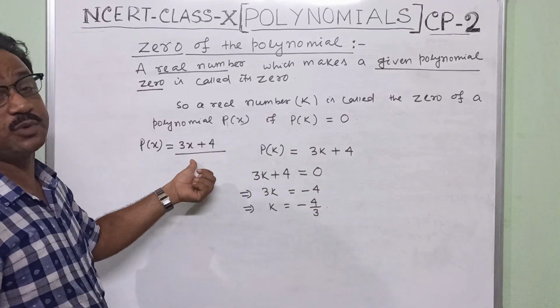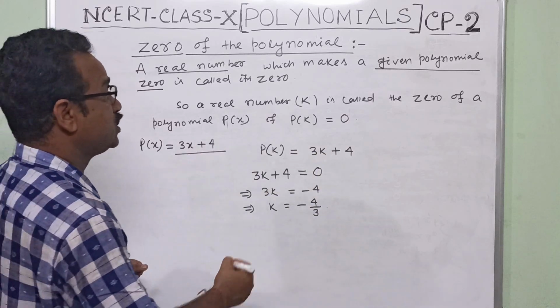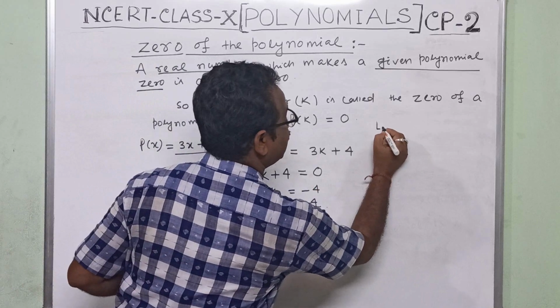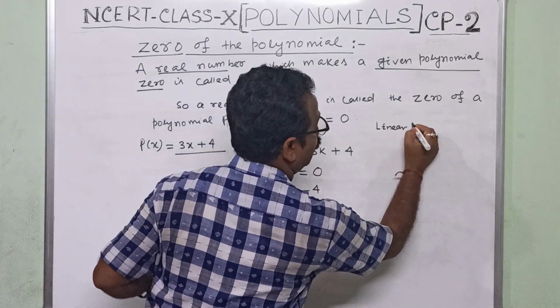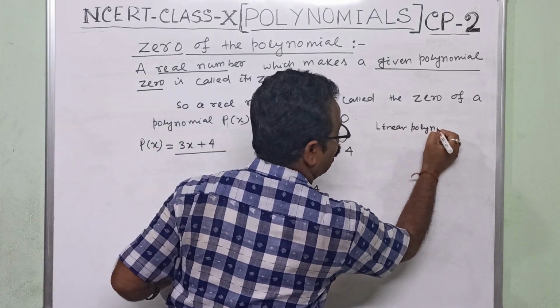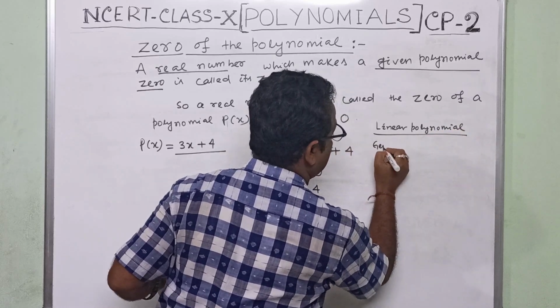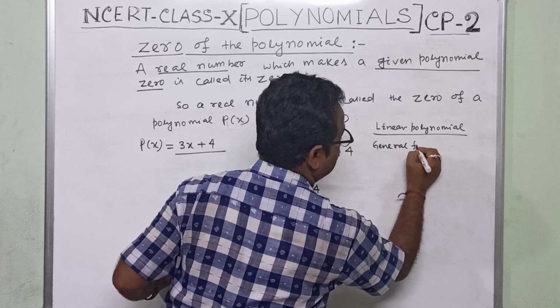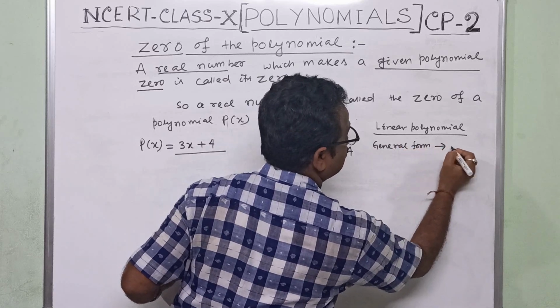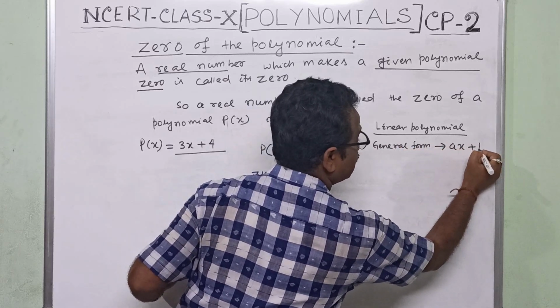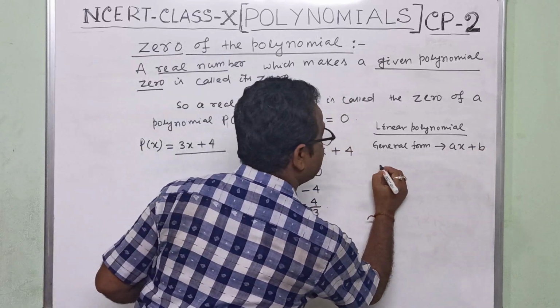So -4/3 is a zero of the polynomial 3x + 4. Now, in a linear polynomial, the general form is ax + b. What is a?